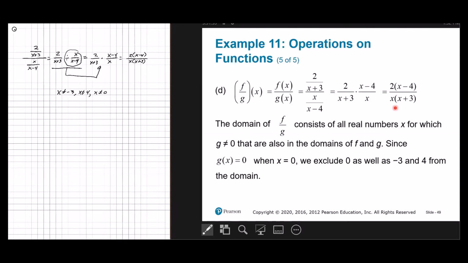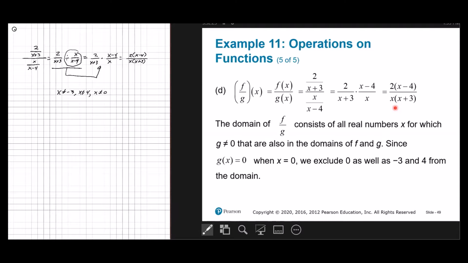So not only do I need to look at the original function's domains, I also have to look at the domain of the resulting function. So we added another restriction. So -3 will make the denominator 0. 0 will make the denominator 0.